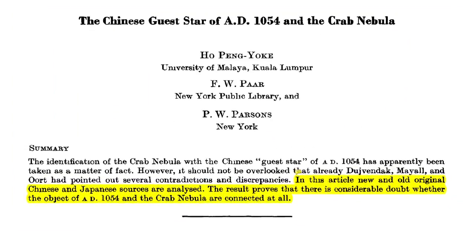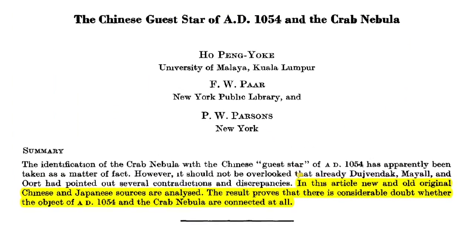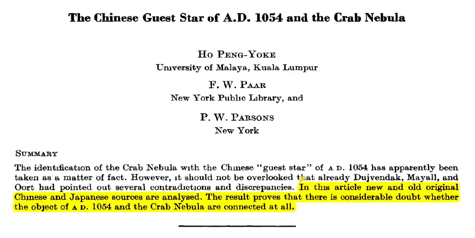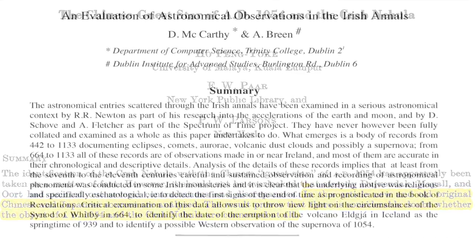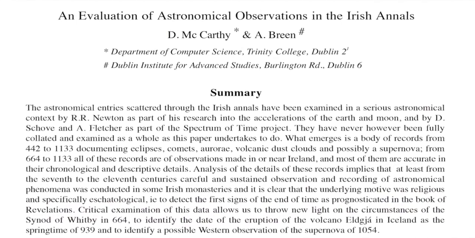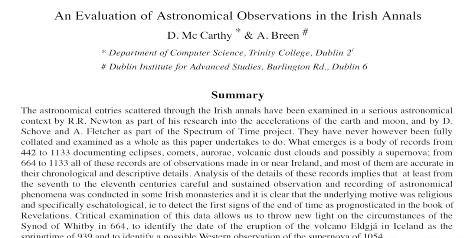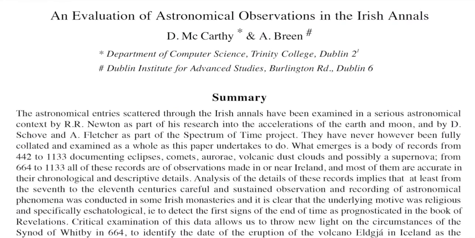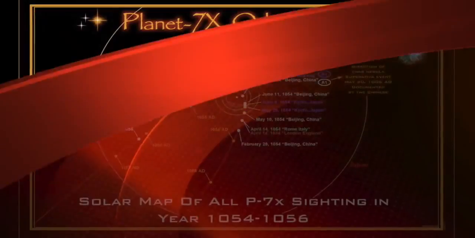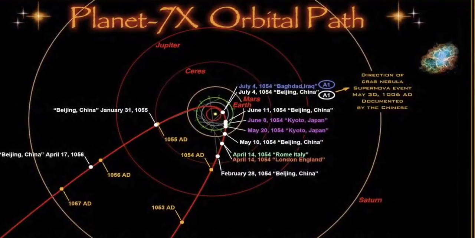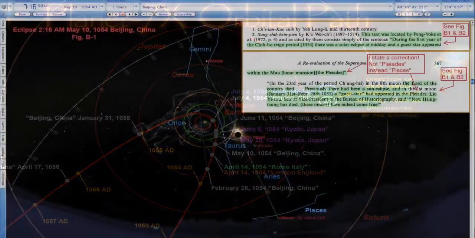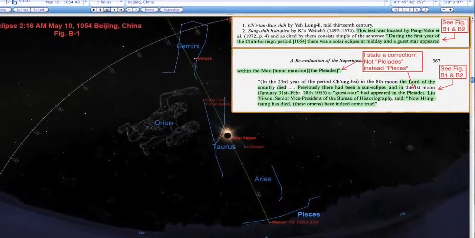What that did was it proved our assumptions that it was the supernova wrong, that this object was actually moving through the night skies, as documented by the Chinese and the Korean and the Japanese astronomers.